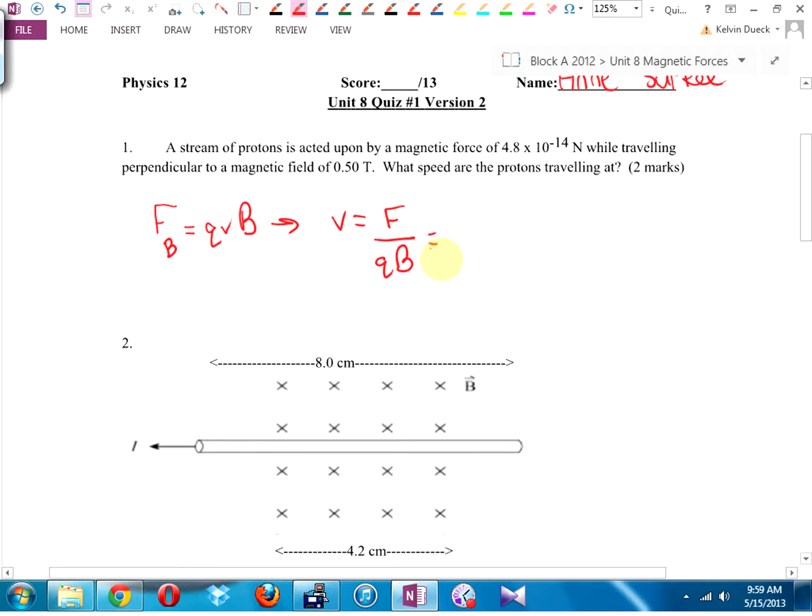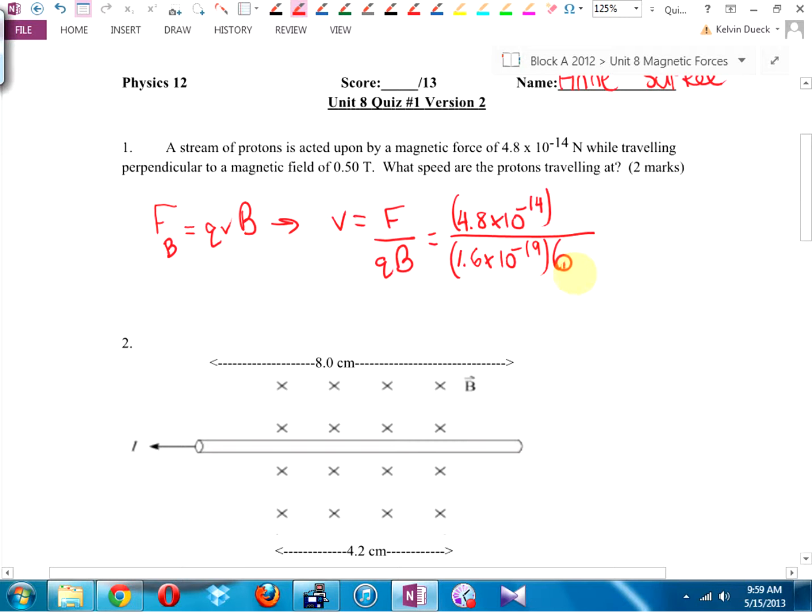They gave me the force, 4.8 times 10 to the negative 14. They didn't tell me the charge. However, they told me it's a proton, so they don't need to tell me the charge. That's from my formula sheet, my data sheet.